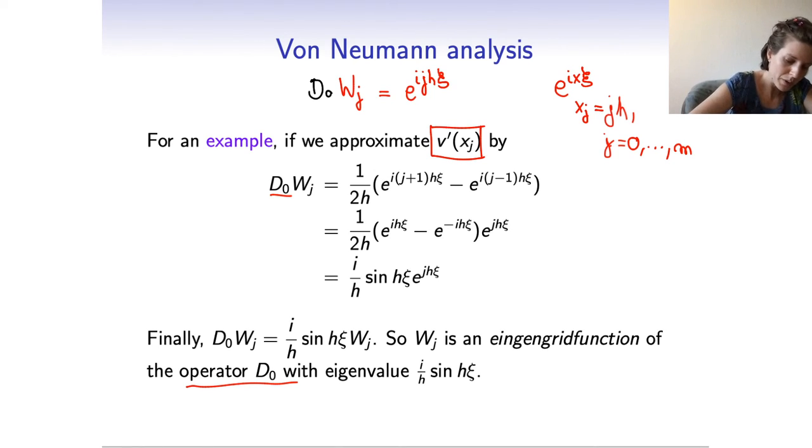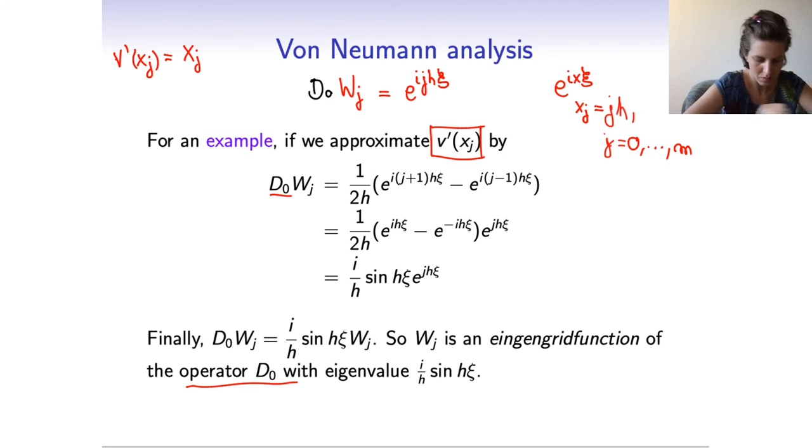So we can approximate this using the centered approximation, which is v prime of x_j, I need more space, sorry.